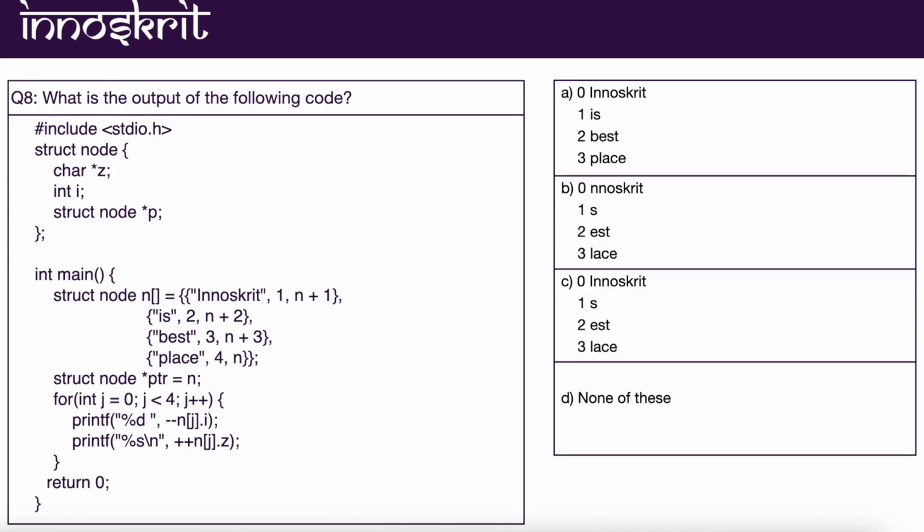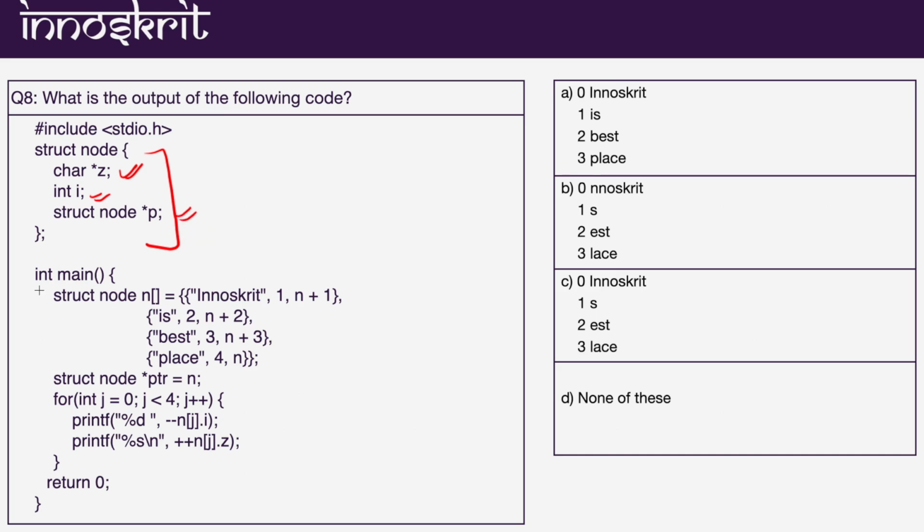Now this is the last question, and it is similar to the previous one. So basically in this question we have a structure which is holding the same values as the previous one, a character array, an integer value I, and the pointer to the node, right?